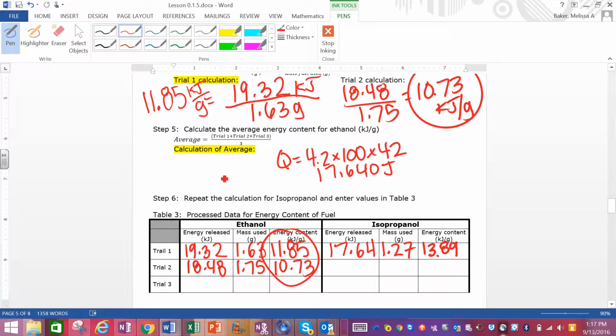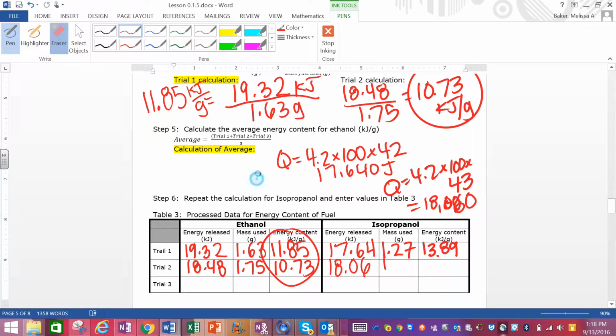And for my second trial for this one, I want to do 4.2 times 100 times the temperature change was 43. 4.2 times 100 times 43 is 18,060. So this would be 18.06, and that's for 1.43 grams burned off.